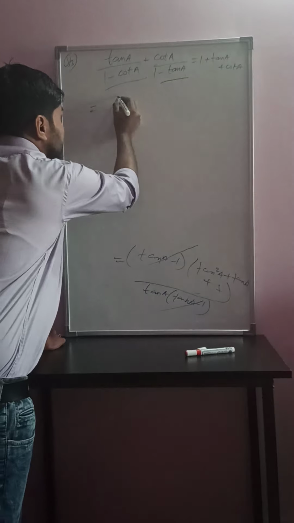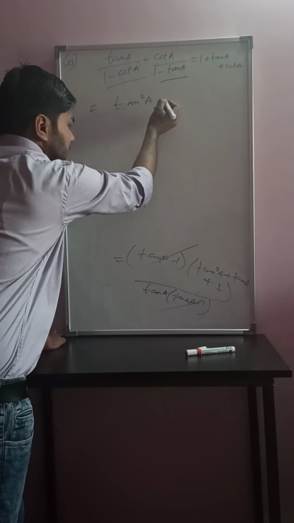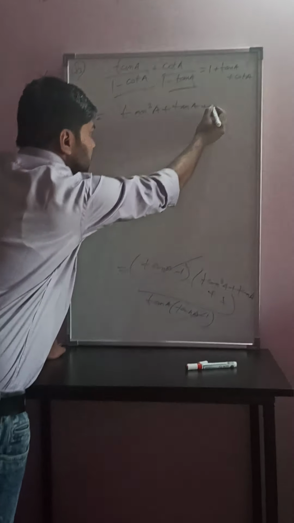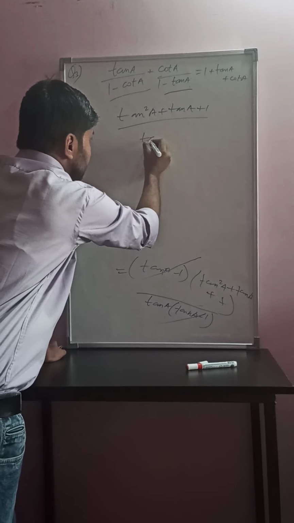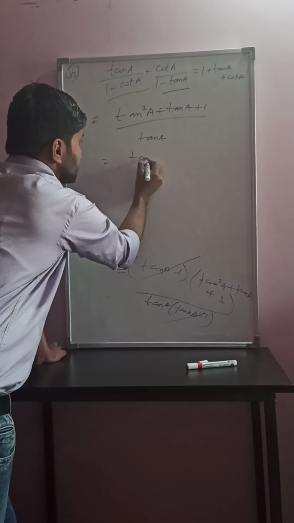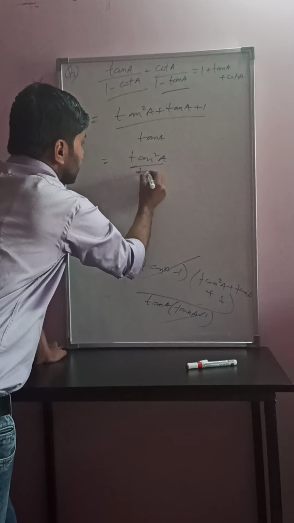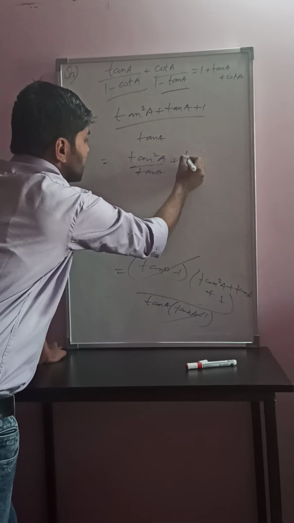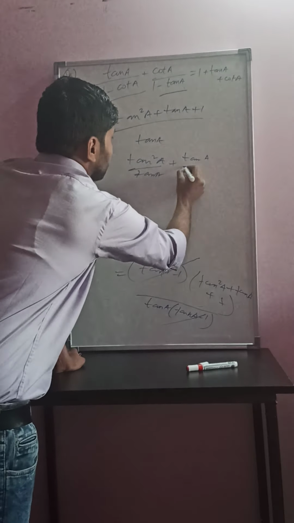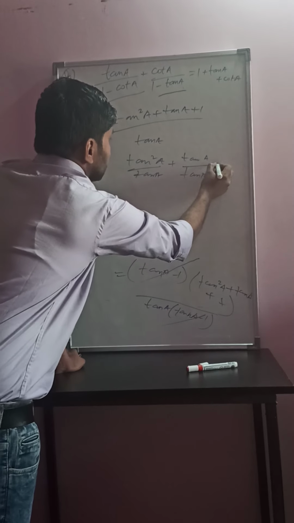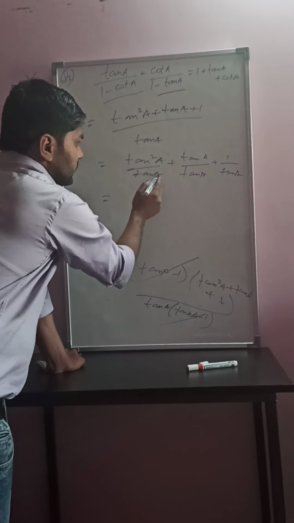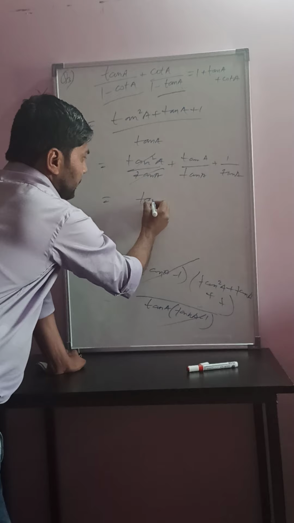So we got tan A square plus tan A plus 1 divided by tan A. To separate it, you will get tan A square divided by tan A, plus tan A divided by tan A, plus 1 divided by tan A. Will it be simply tan A?